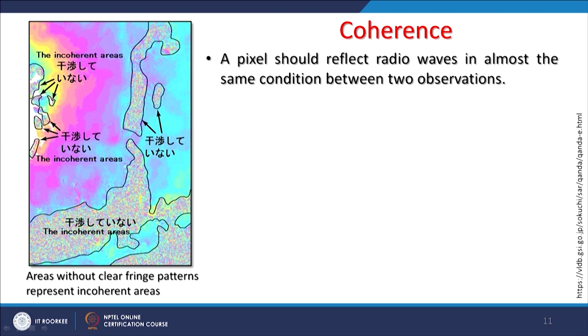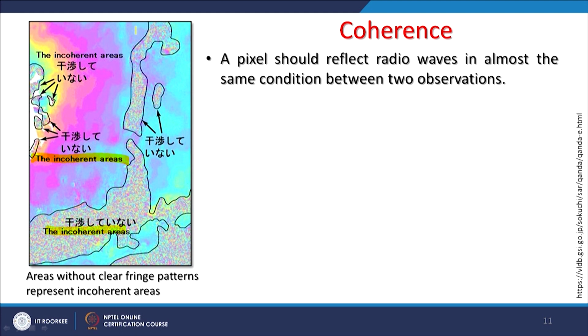If you look at a larger scale, there is one fringe which is very clearly visible, but in the rest of the areas you do not have any fringes except these speckle characteristics. So, these are the incoherent areas which are marked here, and the coherent area is this one, which is showing just one single fringe. So, areas without a clear fringe pattern represent incoherent areas.